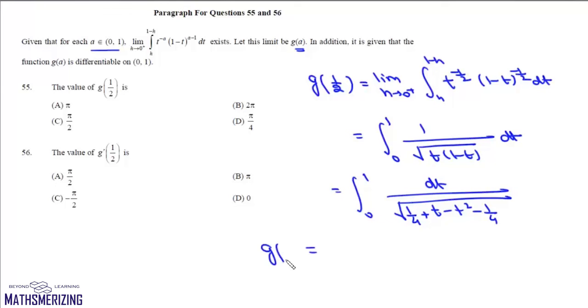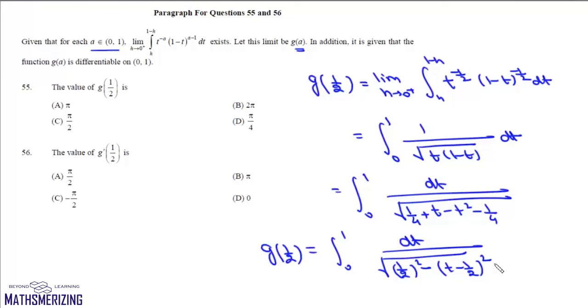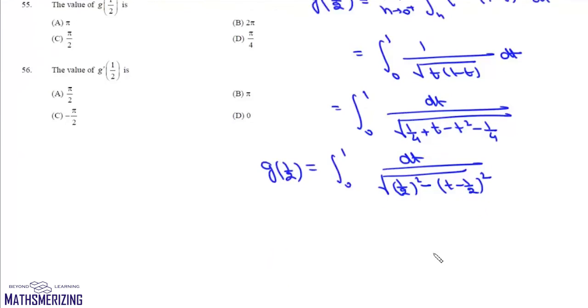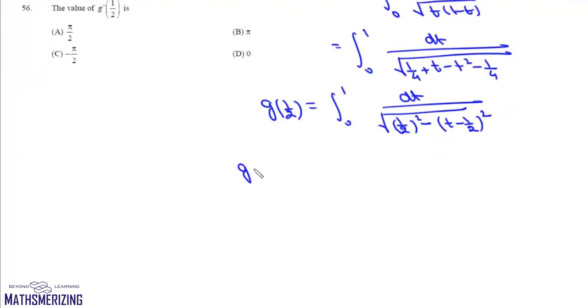We can write g1 by 2 as this integral from 0 to 1 dt upon under root of 1 by 2 square, and then minus, if we take minus common, it will be t minus 1 by 2 square. Now this is under root of a square minus x square, which is sine inverse x upon a. So we can write g1 by 2 as sine inverse t minus 1 by 2 upon 1 by 2 from 0 to 1.